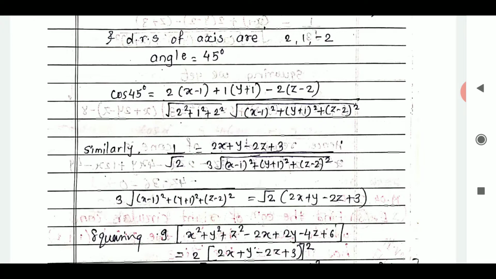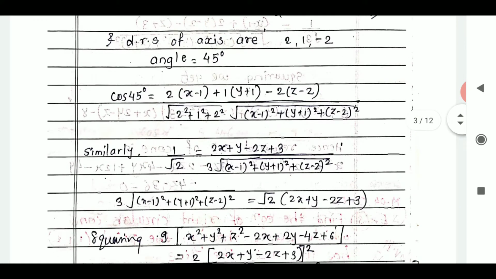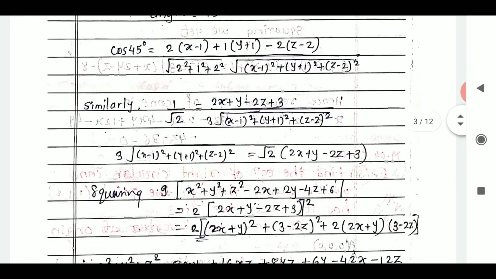Substitute all the values. Here we get cos 45 is equal to, where a1 b1 c1 are 2, 1, minus 2 and the values of a2 b2 c2 are x minus 1, y plus 1 and z minus 2. Now for simplification we put the value of cos 45 as 1 upon root 2 and simplify the RHS.